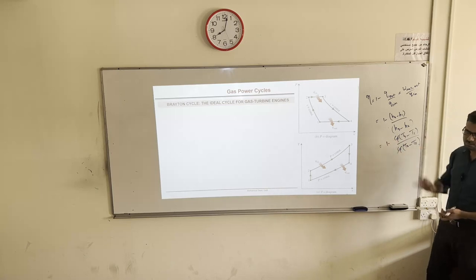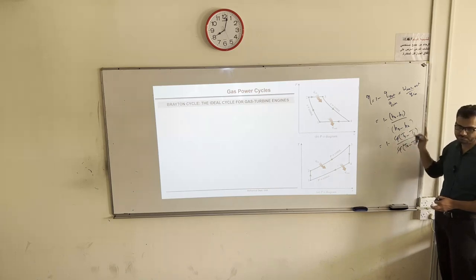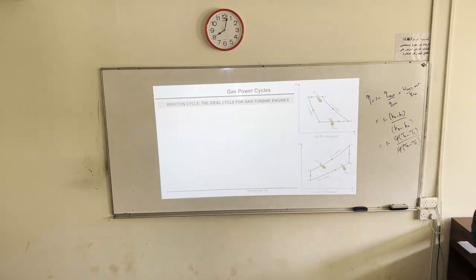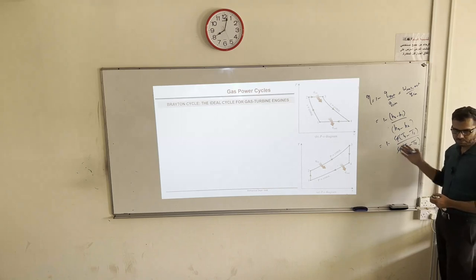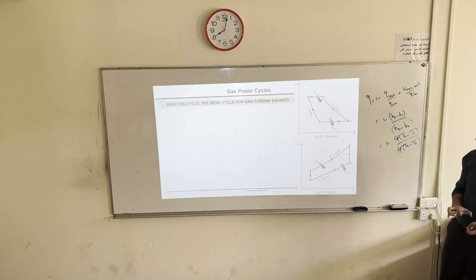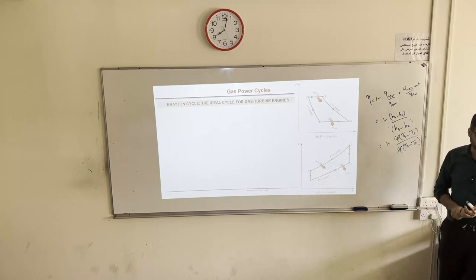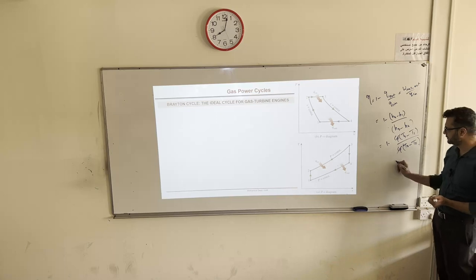So now again, just like in the Otto cycle or diesel cycle, we have efficiency in terms of temperatures, which we do not like. We want to convert it into a form which we can easily interpret. So we'll do some mathematical manipulations. In the case of Otto and diesel cycles, you had compression ratios, which we define as r.